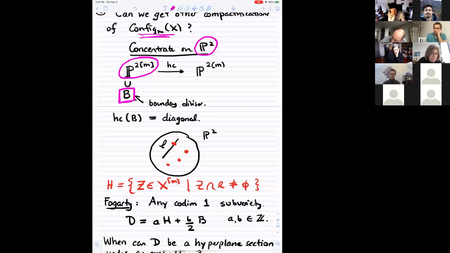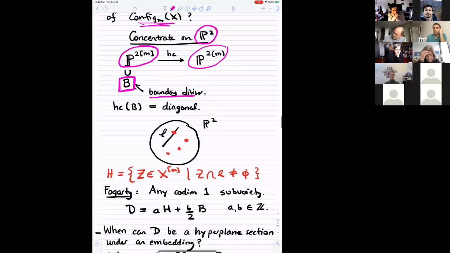The other is the map to the symmetric product, where you take the scheme, look at the support and count it with multiplicity, or take the zero locus of the ideal and count the points with multiplicity.